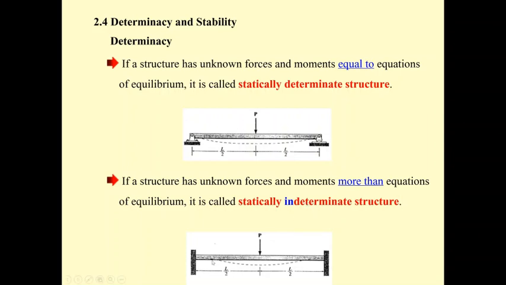And we have only one member. One member has 3 equations of equilibrium. So the unknown is 6, the equation is 3. This structure is called a statically indeterminate structure with 6 minus 3 equal to 3 degrees of indeterminacy.